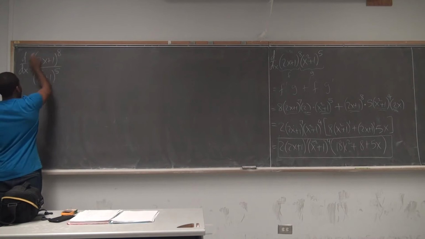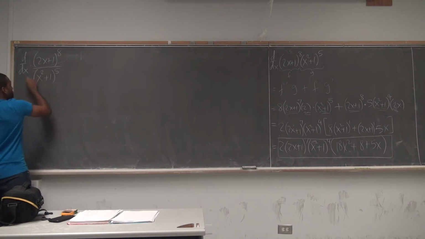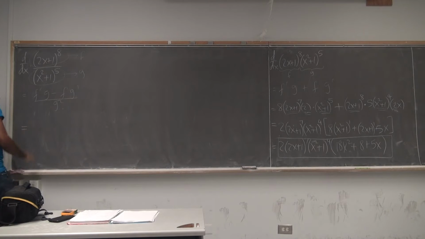Quotient rule. I have one function, which is my f, divided by another function, which is my g. I know the derivative should be f prime times g minus f times g prime over g squared. Just plug in the pieces.